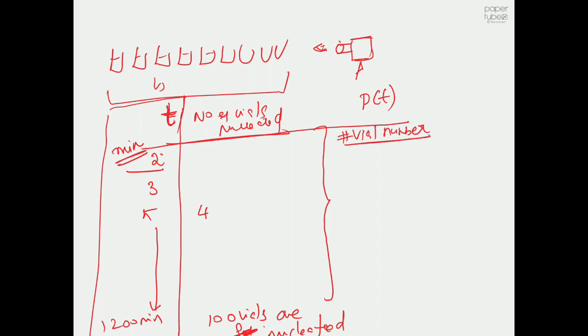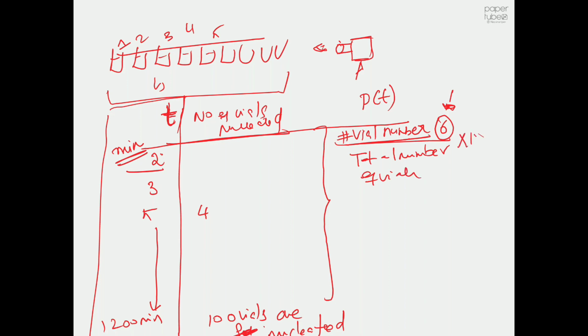Whenever I say vial number, it doesn't mean you are labeling the vials. We don't even have to label the vials. If the vial number is 6, it means the sixth vial got nucleated at some particular instant of time, divided by the total number of vials, multiplied by 100.